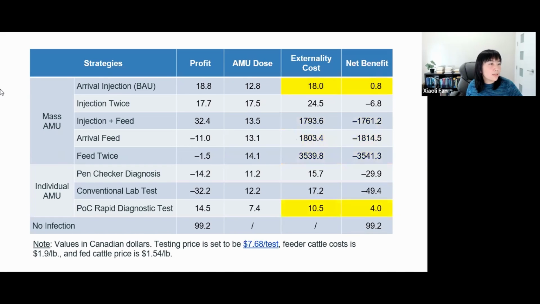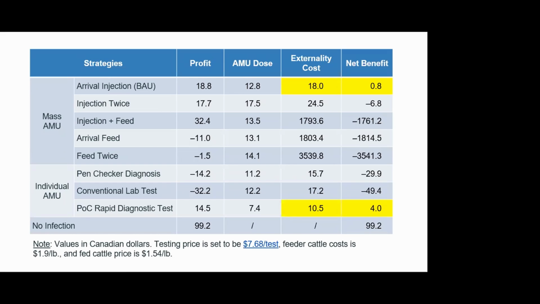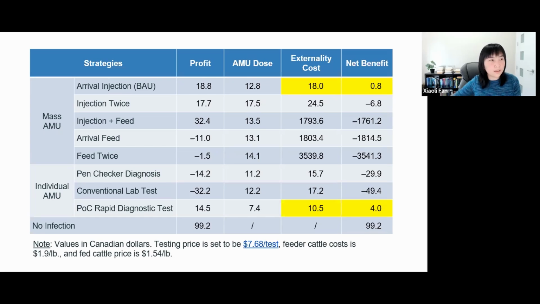And the next ones are the 2 strategies with positive net benefit. One is the arrival injection, and the other one is the rapid diagnostic test. So the BAU, the business as usual strategy, is having only slightly positive net benefit.